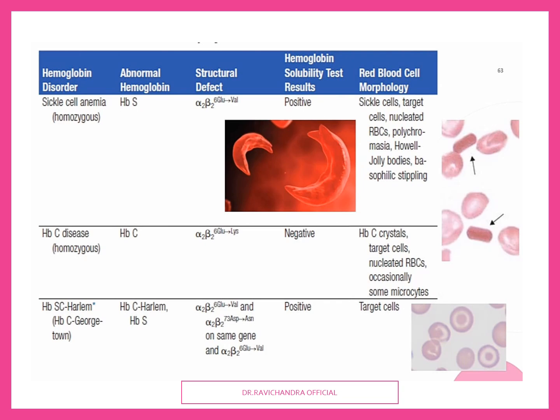In the peripheral smear you can observe hemoglobin C crystals, target cells, nucleated red blood cells, and occasionally some microcytes. There is one more entity called hemoglobin C Georgetown, where there is abnormal hemoglobin HbC Harlem or HbS, and this also shows positive for the hemoglobin solubility test. There will be target cells in the peripheral smear.